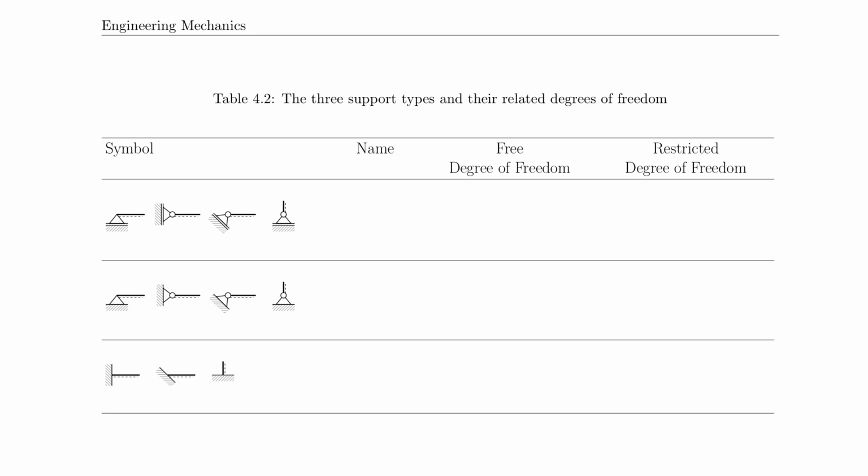So here for the first row, what you see is a variation or a different variation of a roller or rocker. And so this roller, as you can see, is symbolized by two parallel lines. And really what those two parallel lines symbolize is the friction plane, or the plane in which the system is free to move.